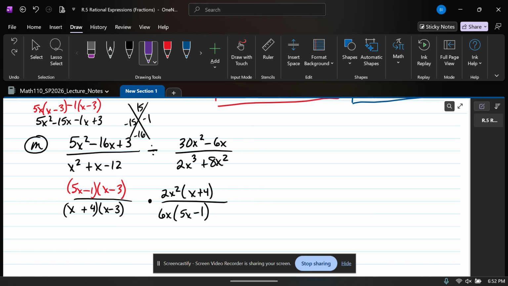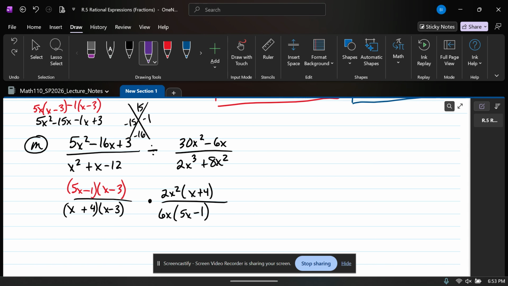When you flip the second one, I factored the 2x cubed plus 8x squared, and that's where I got the 2x squared times x plus 4. And then the factoring of the 30x squared minus 6x, that's where I'm getting the 6x and the 5x minus 1. So I did the factoring as I did the keep, change, flip, just to save myself an extra step of writing.